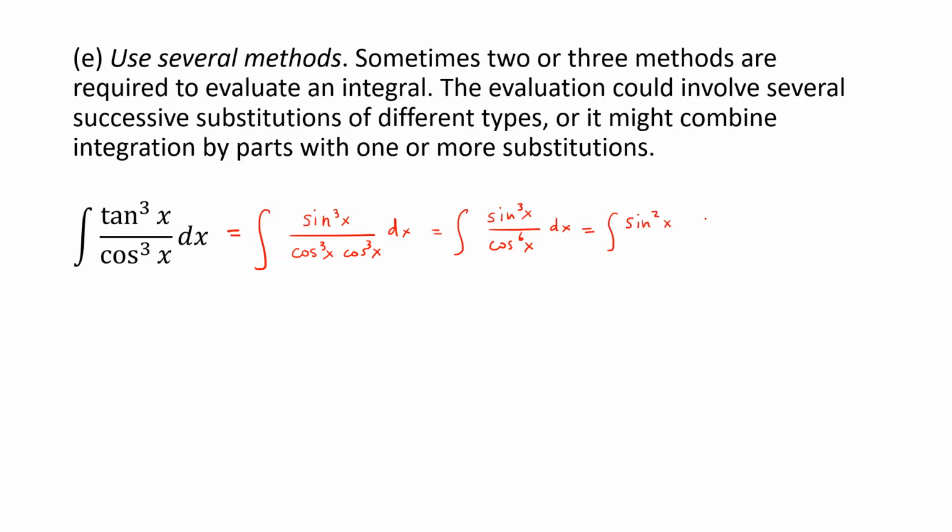I can take a factor of sine and save that for a substitution. Sine squared can then be rewritten in terms of cosine: 1 minus cosine squared.